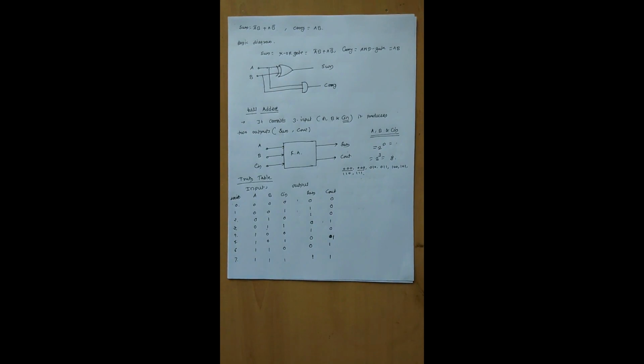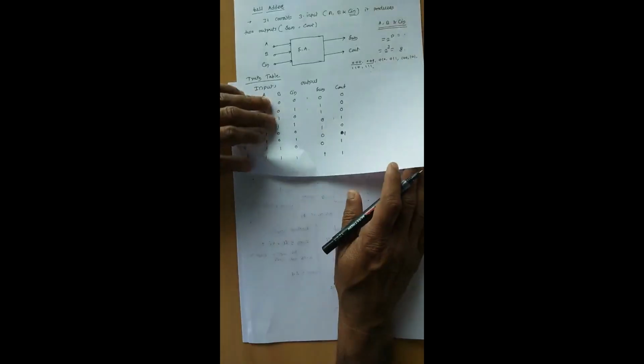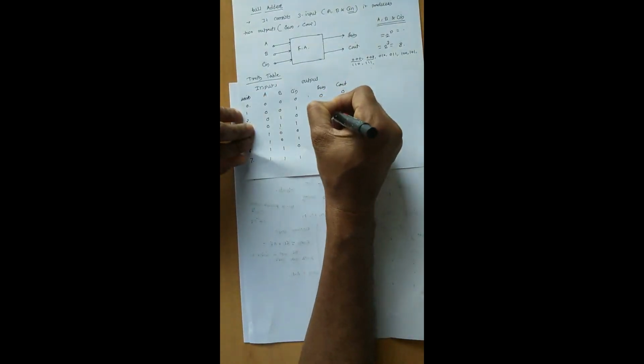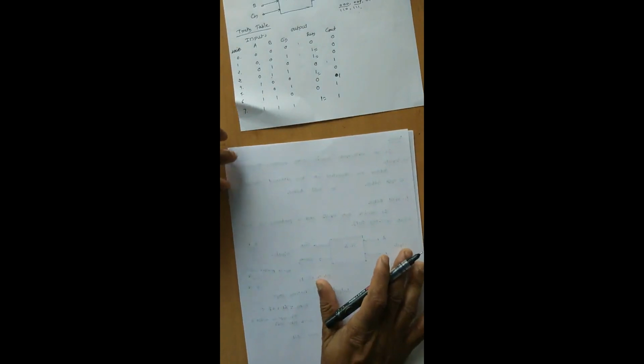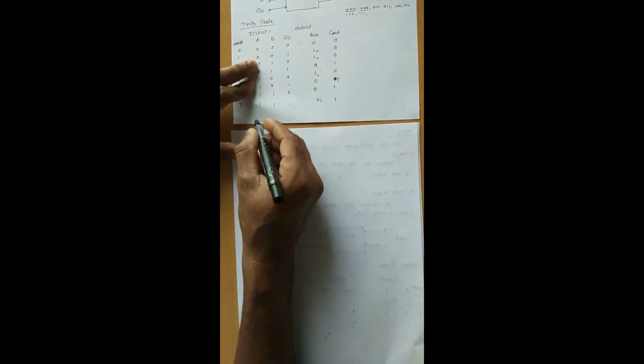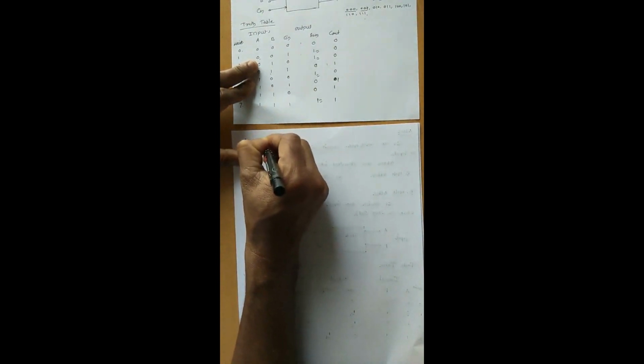Okay, once we are able to draw the truth table, let's find out the Boolean expressions. The Boolean expression can be implemented with the help of this truth table. For that we have to remember the values. For this one, the values are A bar, B bar, C in.